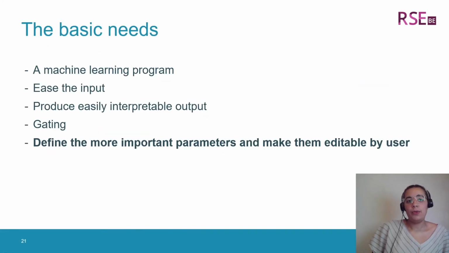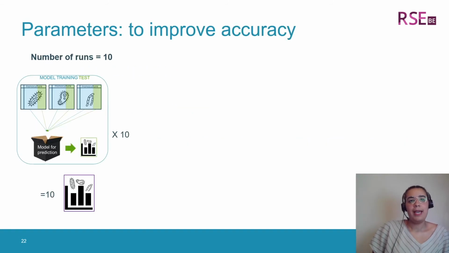The last need was defining some useful parameters for the user. As explained before, the program can perform the machine learning pipeline several times to improve the prediction. In fact, the user can choose the number of runs. For 10 runs, for example, the program will perform 10 predictions with 10 different models based on the same reference files.